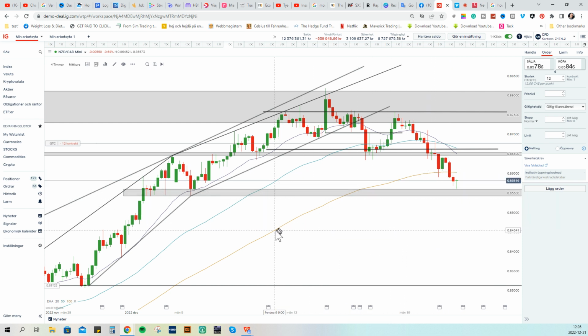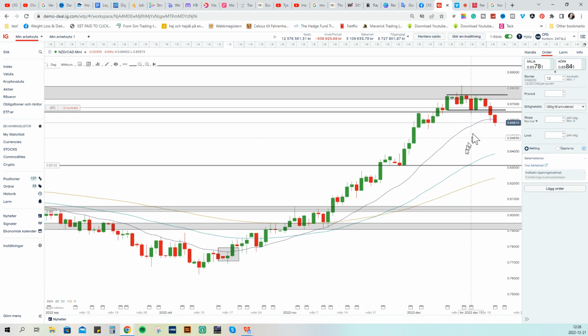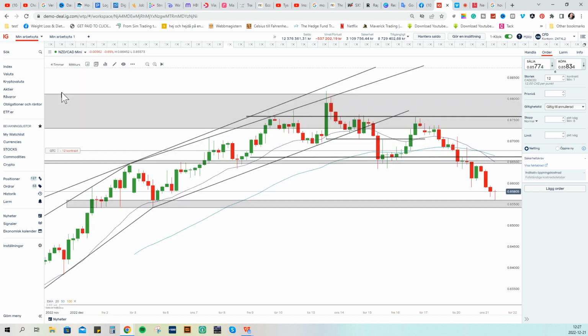This is similar to the 20 EMA from the daily chart. If you look here at the 100 EMA on the 4-hour chart, I shift to the daily chart, and you can see it's here. This is the 20 EMA on daily. So the 20 EMA daily is almost the same as the 100 EMA on the 4-hour chart.